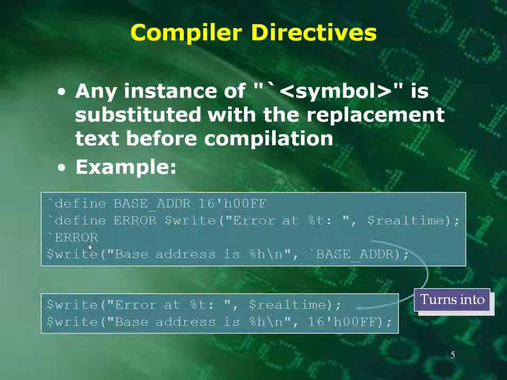And here you can see what it actually turns into. This tick error turns into this write statement, okay? And then this write statement, notice that it uses tick base address, and so it substitutes this 16 tick hex 00FF for this in the code. So it's a substitution.